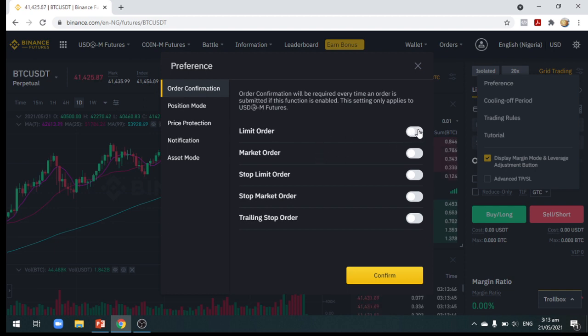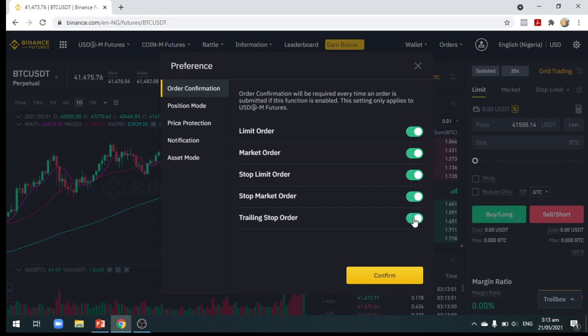You can decide to turn this on, so that a page will be shown to you to confirm your order before it will be placed. If you turn it off and you place your order, there will be no confirmation page. It will just go on straight away. So you can decide to turn it on or off as the case may be.